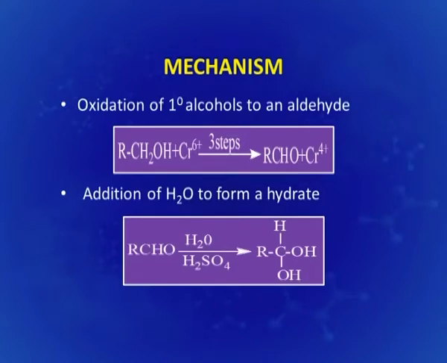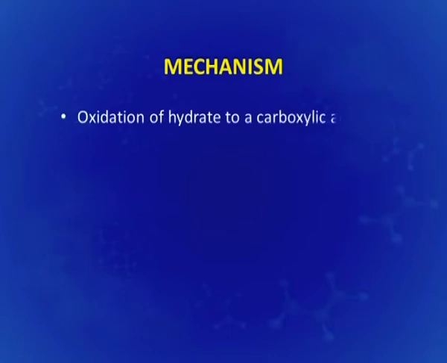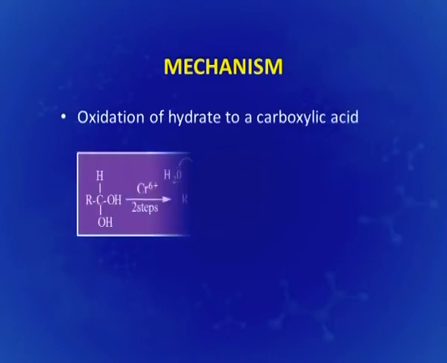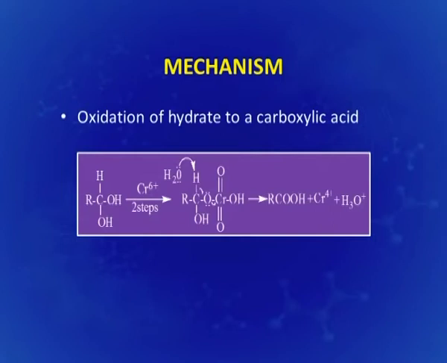This is the most important step to understand the mechanism of oxidation, because if you want to stop the reaction at the aldehyde stage, we require milder oxidizing agents, that is pyridinium chlorochromate in methylene chloride, or if you want to continue up to the carboxylic acid stage, we can use the stronger ones like potassium dichromate, potassium permanganate or sodium dichromate, and here the hydrate is oxidized to the carboxylic acid in the last step.